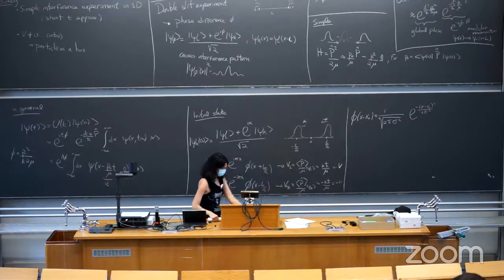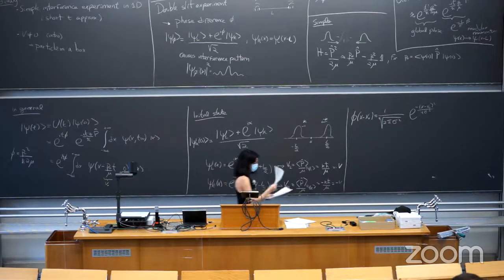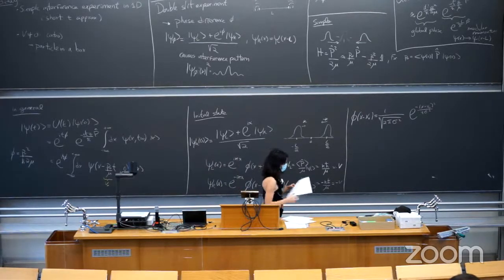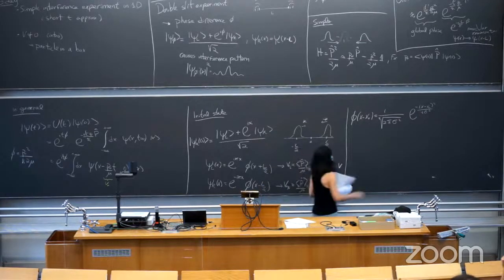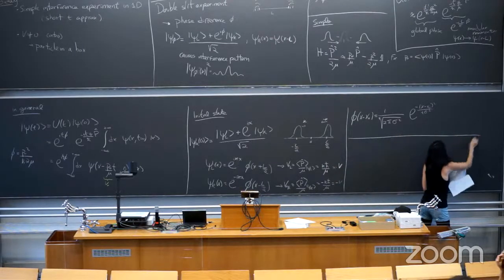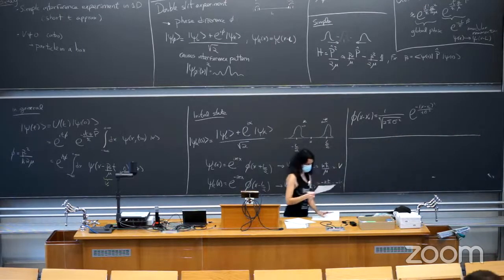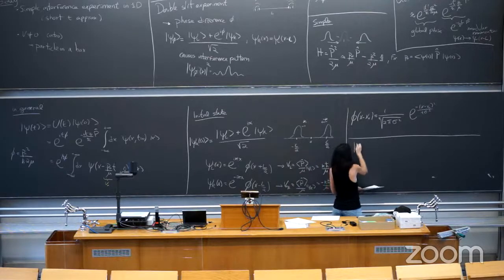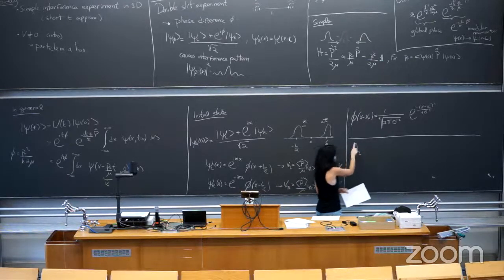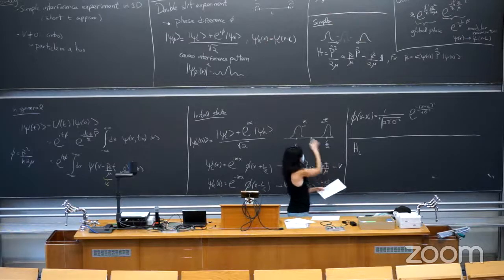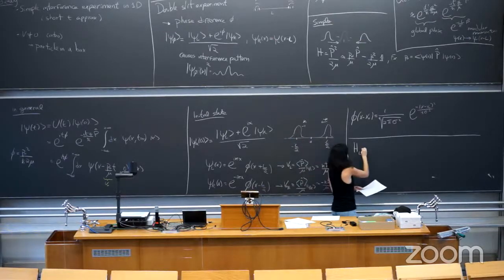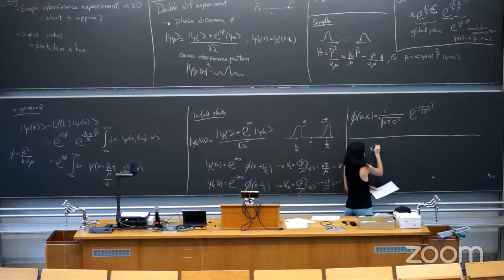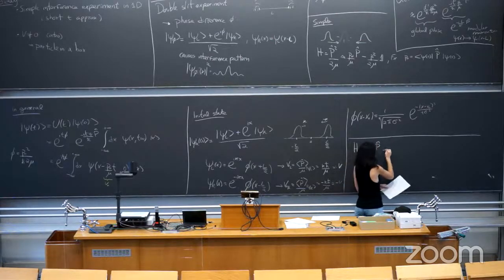I'll just write it here how it is. Just read this as the Hamiltonian felt by the particle here is approximately v0 p minus v0 squared over 2 times identity.